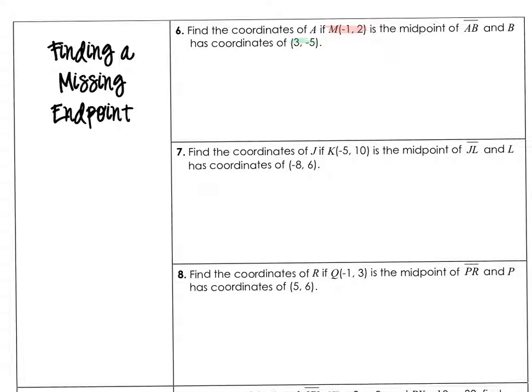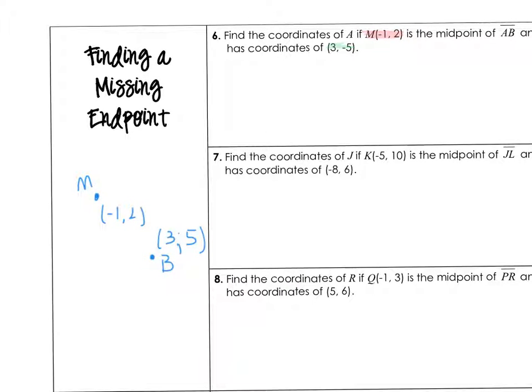So if, for instance, this is the midpoint, it's at -1, 2, and this is an endpoint, 3, -5. I'm trying to find the other endpoint, which is going to be somewhere probably over here.